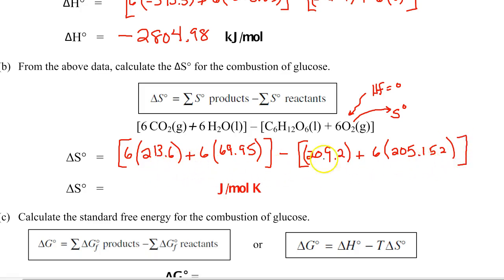So when you do this arithmetic, you get a positive 261.188 joules per mole Kelvin. And I want you to understand something. That's joules per mole Kelvin, and for delta H, we have kilojoules.